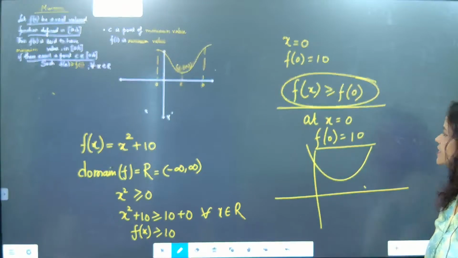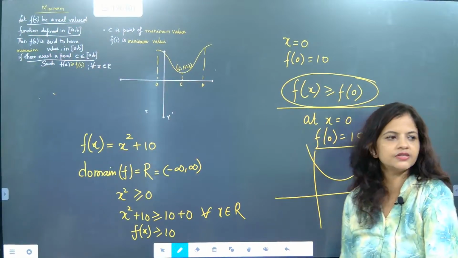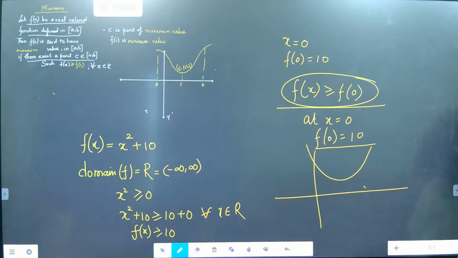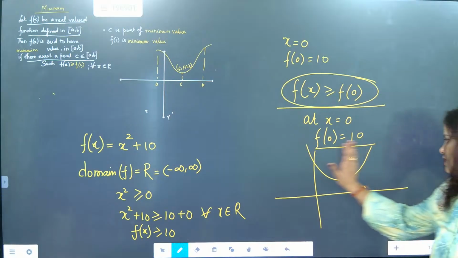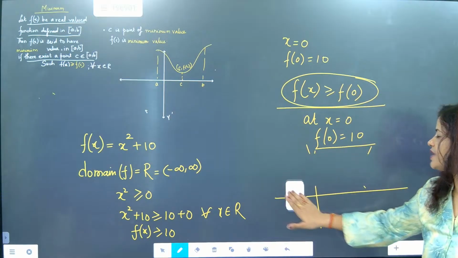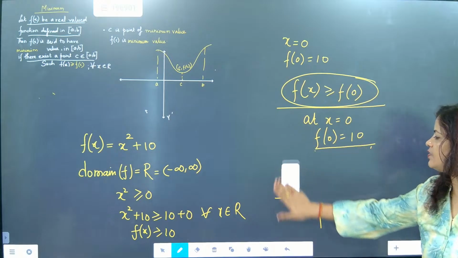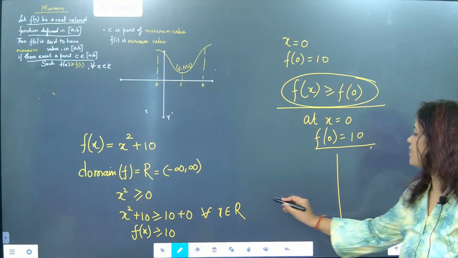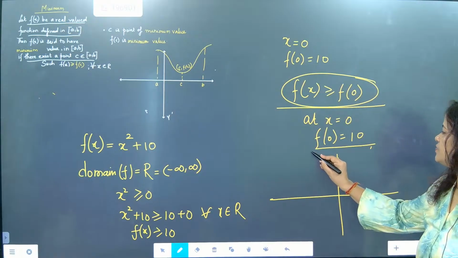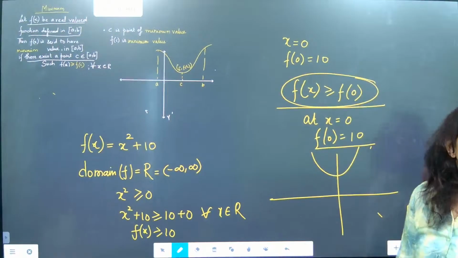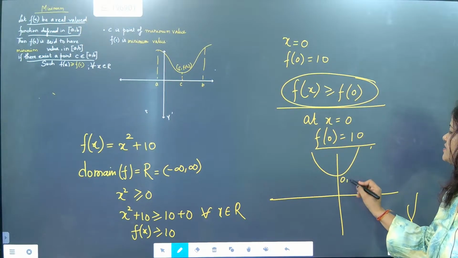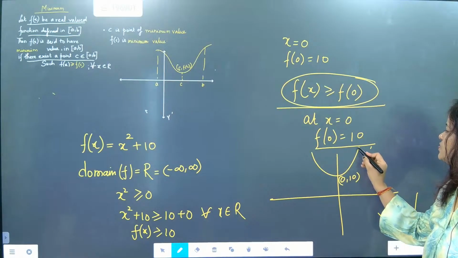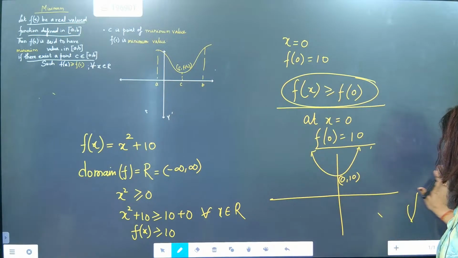So here, we can draw it like this. Is it true? No, this is not correct. Why, beta? Because at x is equal to 0, the y value is coming as 10. So where will it be? At x is equal to 0, the y value is 10, and after that you will be going up.